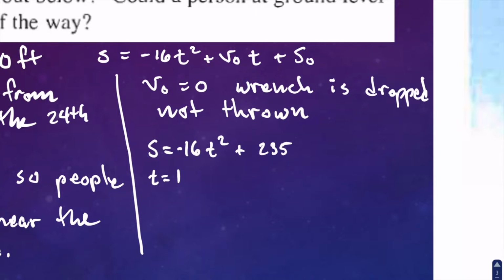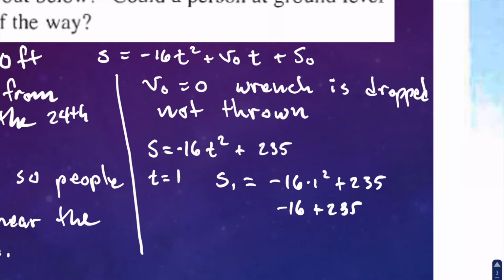So S of 1 is going to equal negative 16 times 1 squared plus 235. That's just negative 16 plus 235, and we're subtracting 16 from 235.